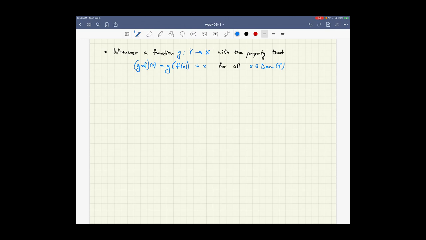Whenever a function g from y to x with the property that g of f of x equals x for all x in the domain of f exists, the function f must have the following property.